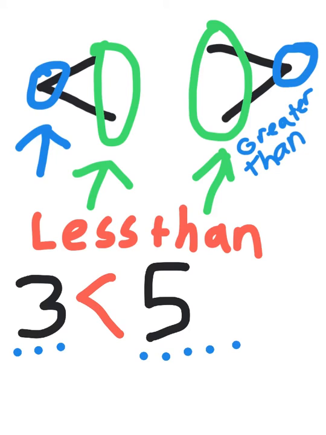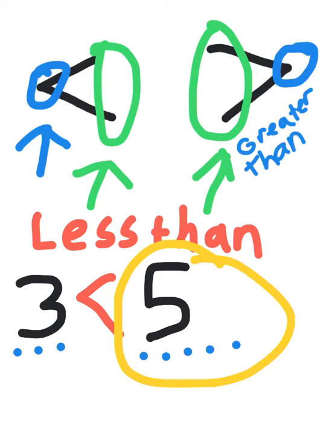So we can clearly see that there are more dots on this side. So that way we know that 3 is less than 5. Let me go ahead and do another one. Let me erase this really quick.